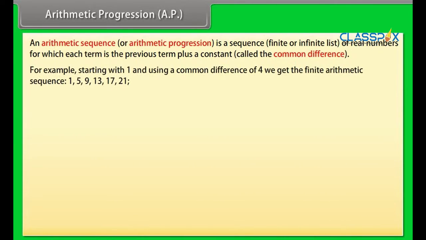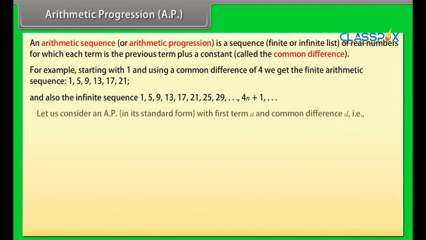For example, starting with 1 and using a common difference of 4, we get the finite arithmetic sequence 1, 5, 9, 13, 17, 21, and also the infinite sequence 1, 5, 9, 13, 17, 21, 25, 29, till 4n + 1.